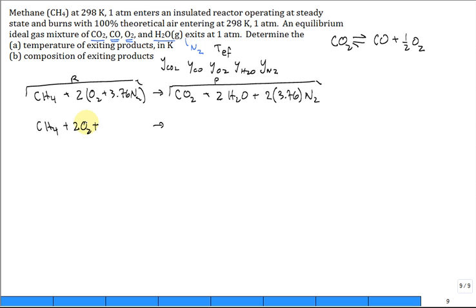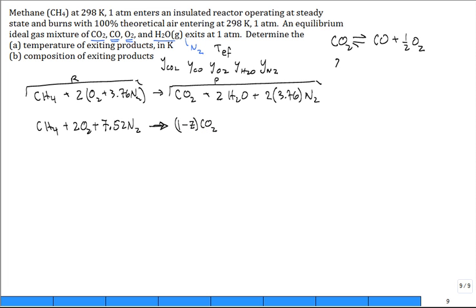So what we do is we leave the left-hand side alone, CH4 plus 2O2 plus, I'll write it a little different, 7.52 N2. It's a little cleaner to do coefficients in front of each term. And then we'll have the CO2. I started with 1, but if I have so much dissociating, that's what I'm left with. So what is Z?